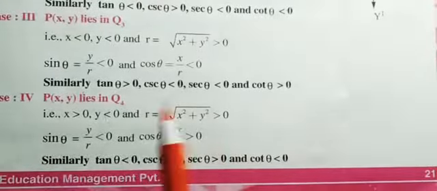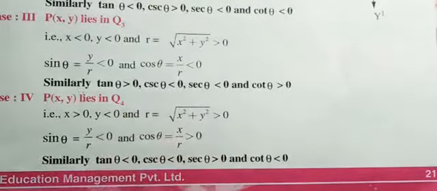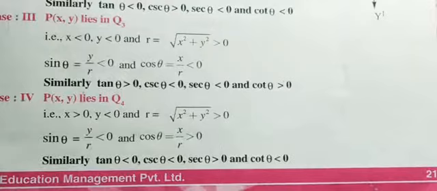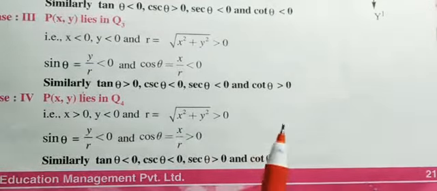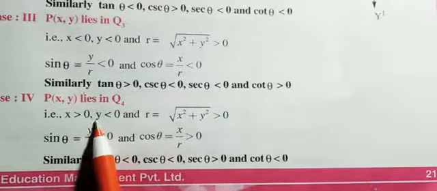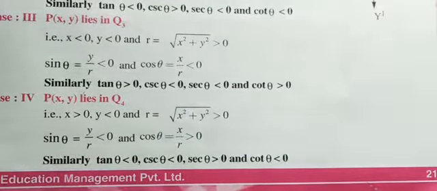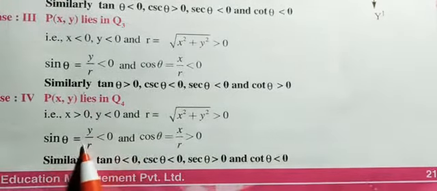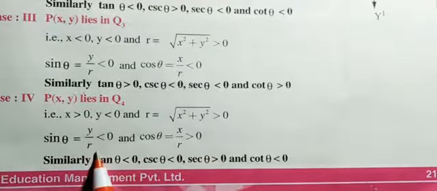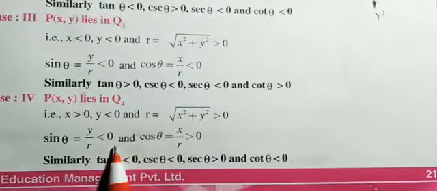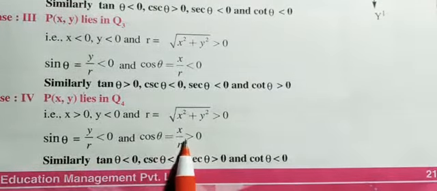Next move to another, that is quadrant number 4. In quadrant number 4, x greater than 0 and y less than 0, and r is equal to root over x square plus y square, which is greater than 0. Now sin theta is equal to y by r, which is less than 0, and cos theta is equal to x by r, which is greater than 0.